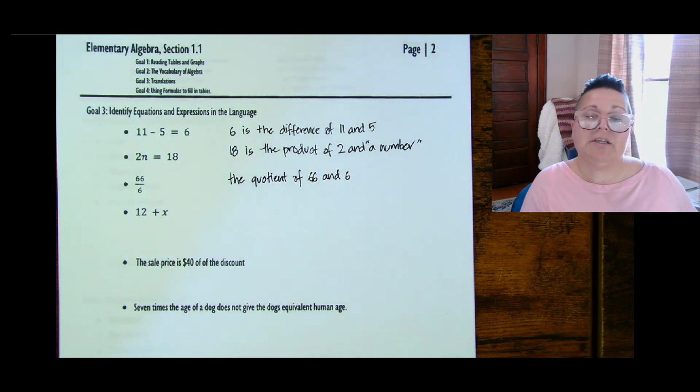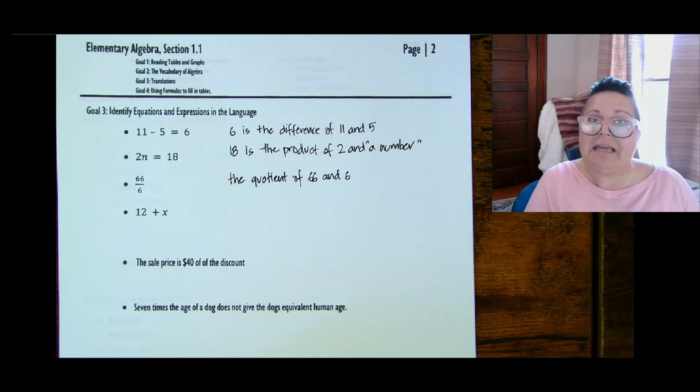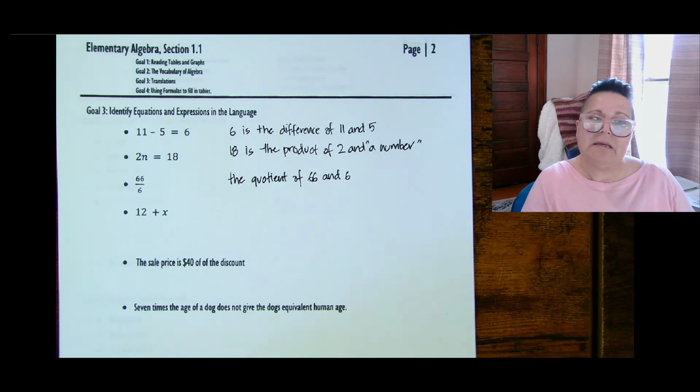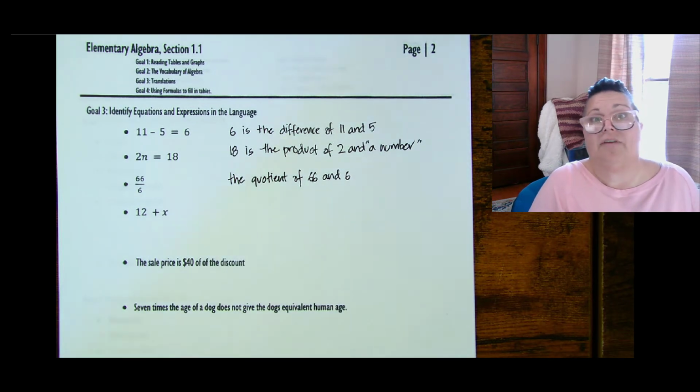Notice I'm not telling you what it is because I don't have an equal sign. Can I find what it is equal to? Sure, I can do 66 divided by 6. I know what that answer is, but without the equal sign here, I'm not expected to translate that part or simplify it. Because there's no equal sign, I would not solve this answer. I would only simplify it if I can.